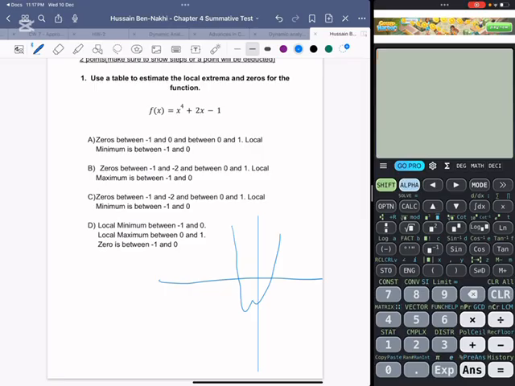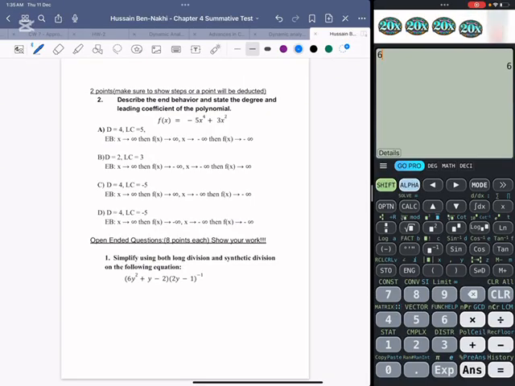So now that we see this, we can cancel out B since there's a maximum, and now we have just C left, which gives us the answer. Zeros are between -1 and -2, and between 0 and 1, local minimum is between -1 and 0, and there is no local maximum. This is the first question.